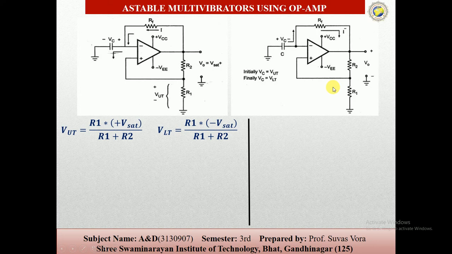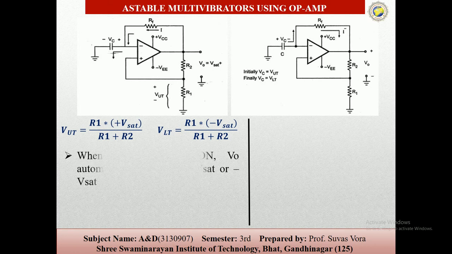So when the power is turned on, at that time the output voltage automatically swings either to the positive or the negative saturation, since these are the only stable states allowed by the Schmitt trigger.